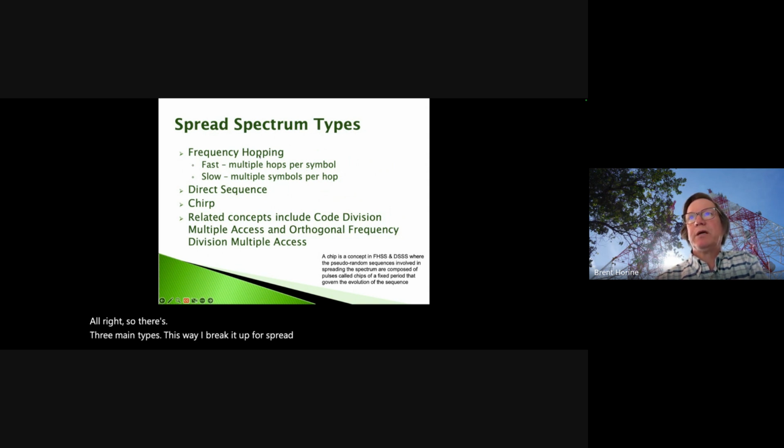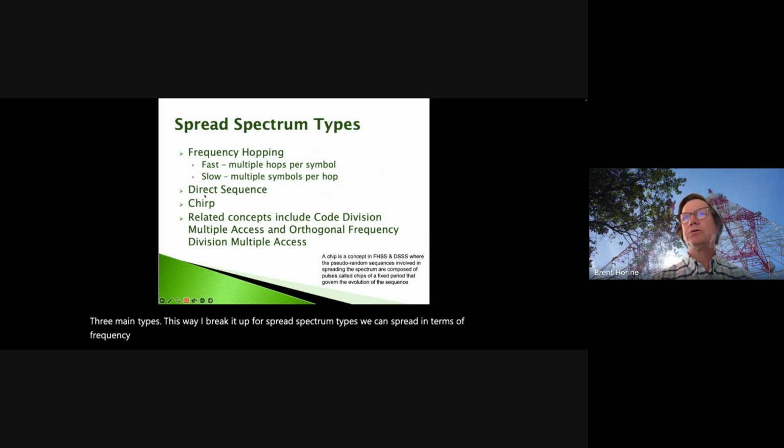We can spread in terms of frequency hopping or a direct sequence, or we can chirp our signal, right? And then we have kind of some related concepts that build upon that. But let's go through these real briefly, and then we'll dive into them more in depth, right?